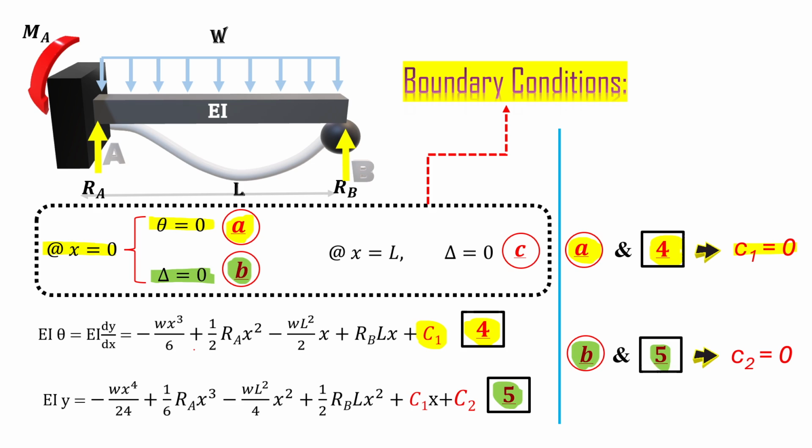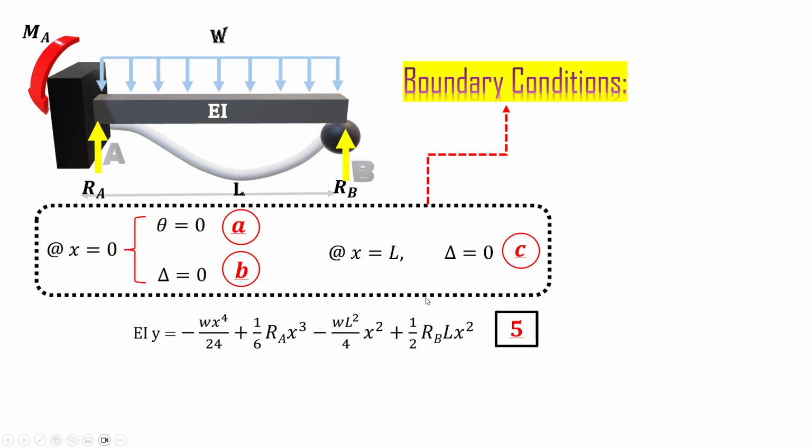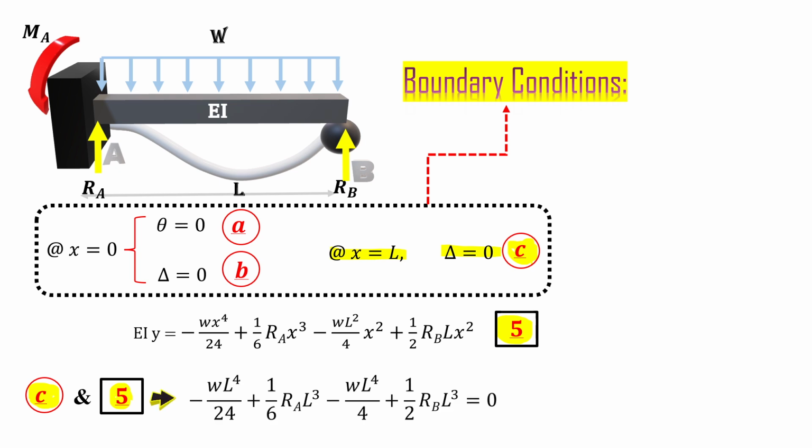So we have one other boundary condition to use in the next part of the problem. This time we are focusing on C and 5. Boundary condition C says if x is equal to L, delta is equal to 0. This is the equation of delta. So C and 5 gives us another equation which relates RA and RB.